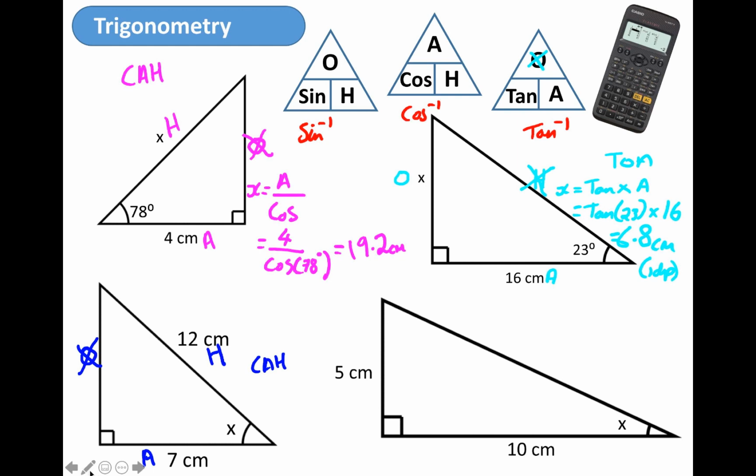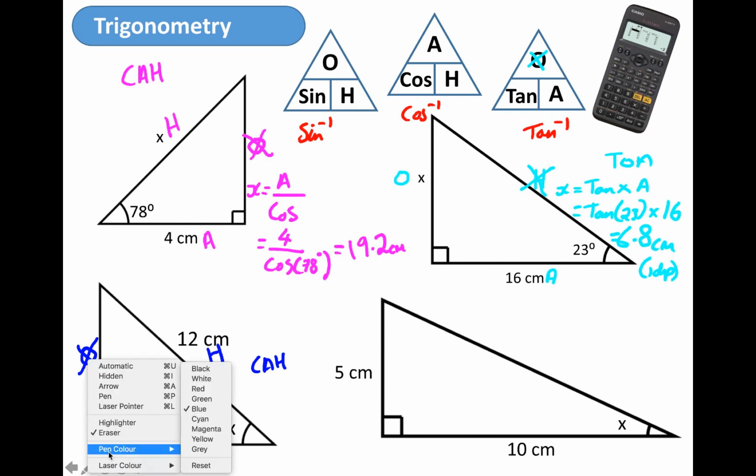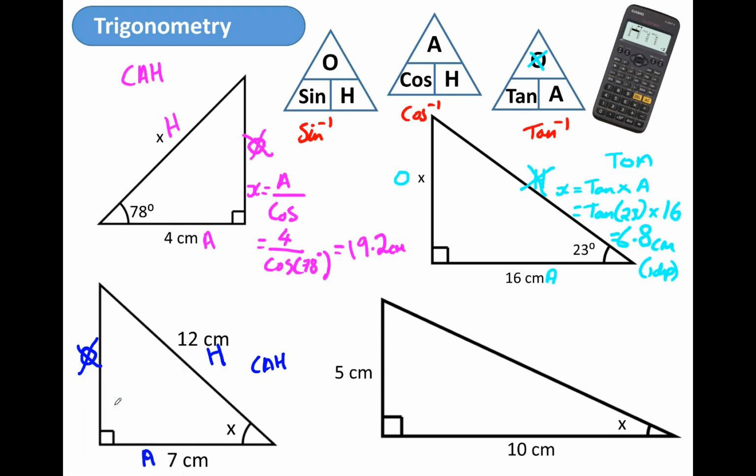And for these ones, when you're trying to find the angle, we're going to need the inverse of the function, inverse of cos in this case, cos to the minus 1.